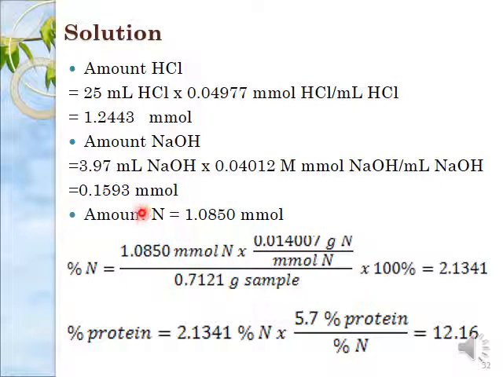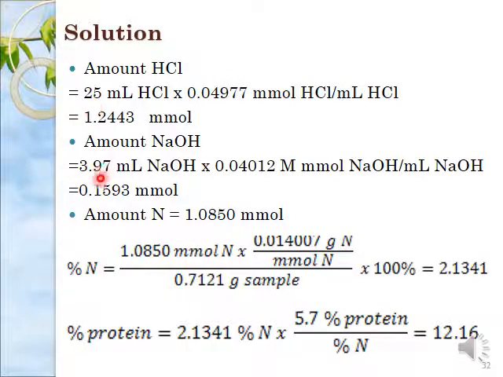So first of all, we need to find the excess just now. So the excess means we have to subtract. Initially we have 25 ml of hydrochloric acid at this concentration, and when it is titrated against sodium hydroxide, this much of sodium hydroxide is used.